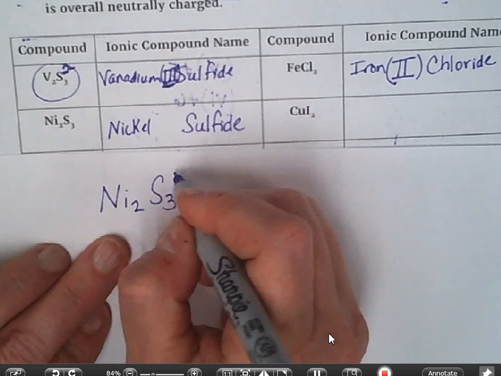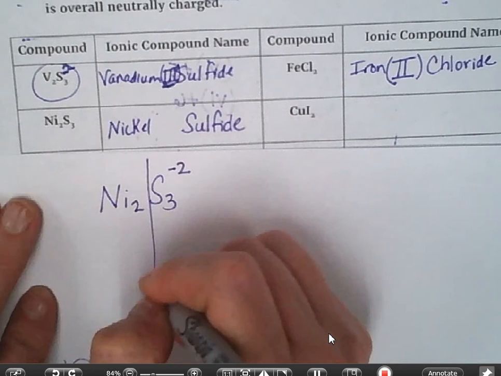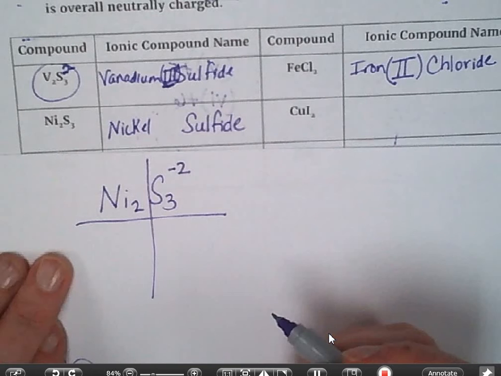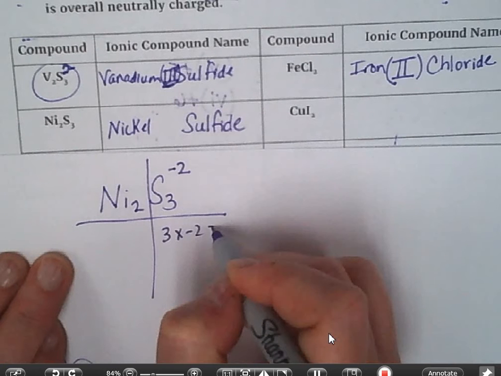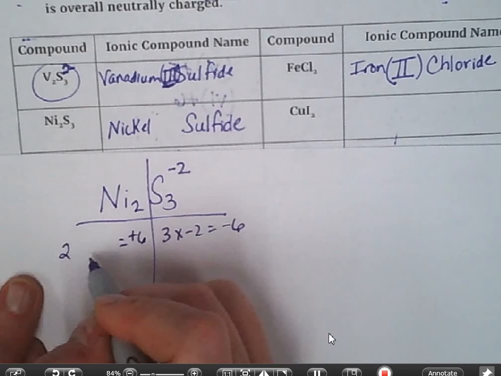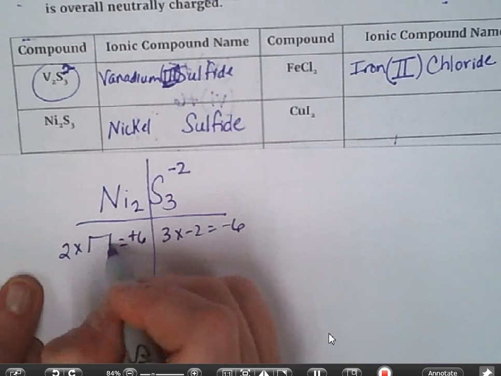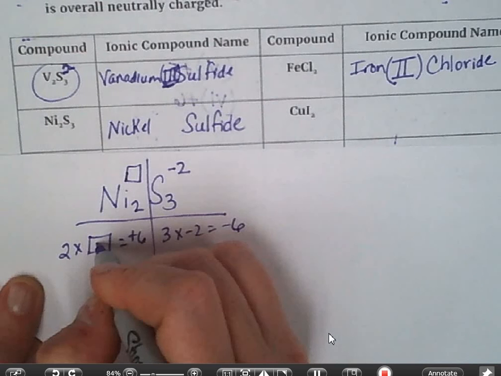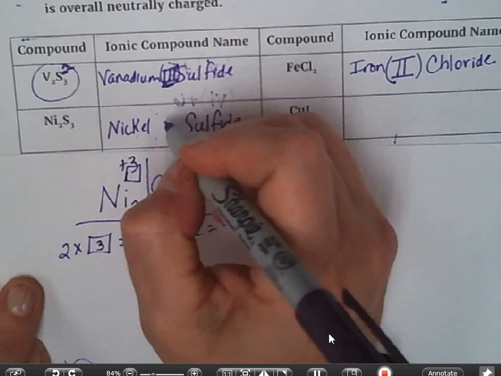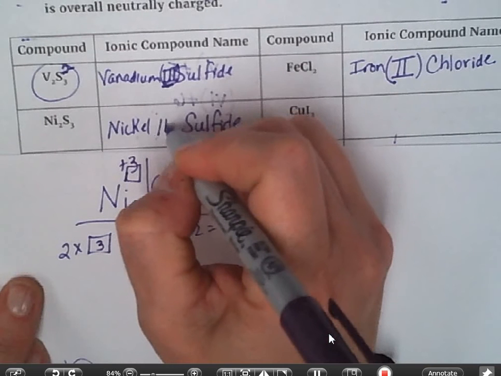So I have my two sides. So overall, 3 times the -2 is going to give me -6. So I want to come up with a +6 on this side. So 2 times something, that something is what I need to know to give me a +6. And that's going to be a +3. So when I go to write it down, I have to do this as nickel 3 sulfide.